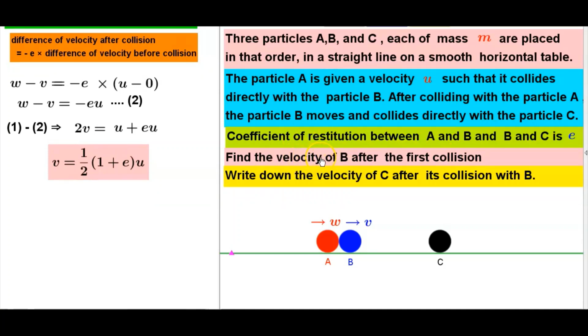Find the velocity of B after the first collision. After the first collision, the velocity of B, that is V, is equal to half into (1 plus E) into u.